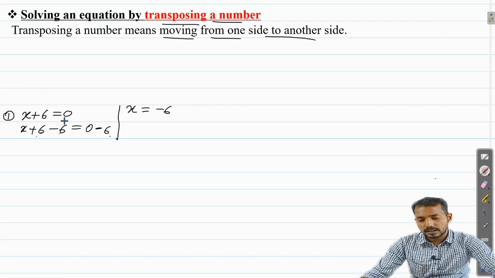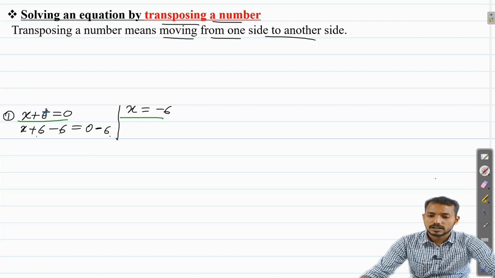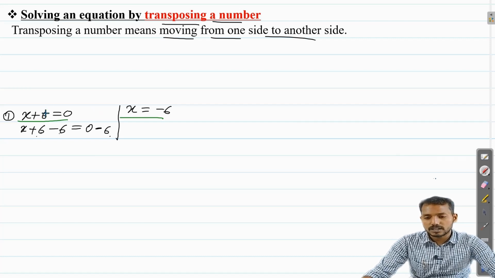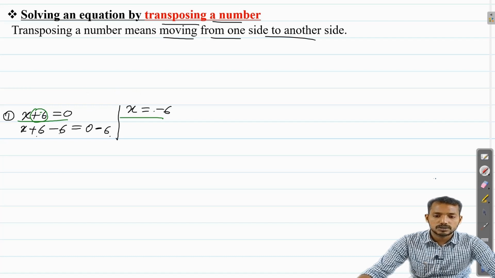Just compare the first equation given and the result we got. When this plus 6 is shifted from the left side of this equation to the right side, it becomes minus 6.